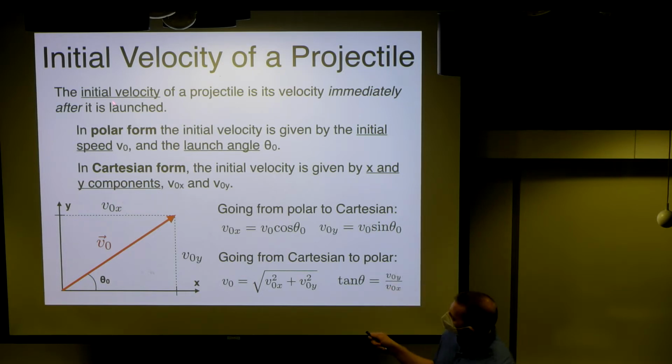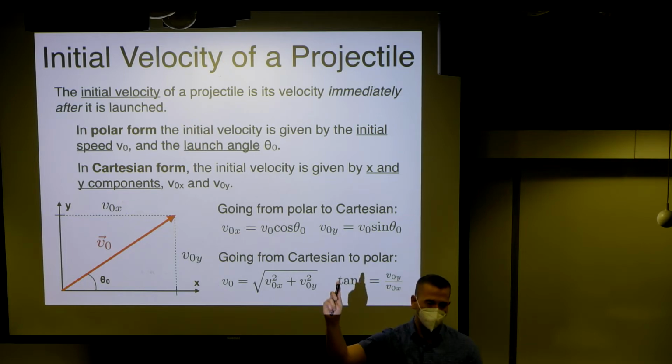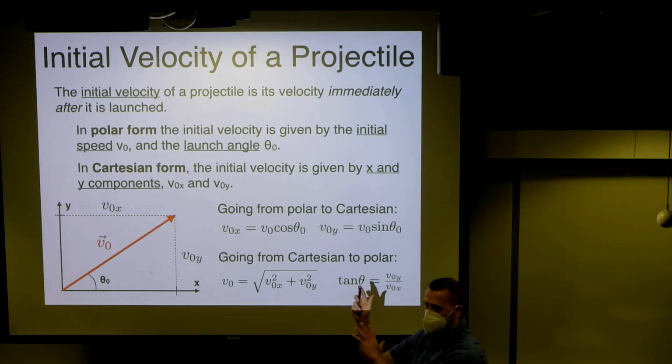The launch angle when someone hits a baseball and the launch speed as well. So when we talk about the initial velocity, this is really important to remember. That is the velocity your projectile has after it's launched into the air, okay? So, for example, let's say I'm throwing a ball to you. When the ball is in my hand and I'm pushing it forward, it's not a projectile yet because gravity is not the only thing influencing its motion.